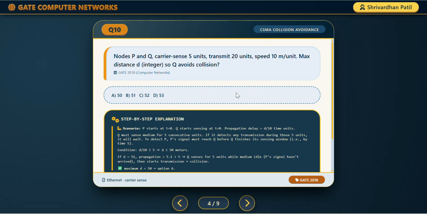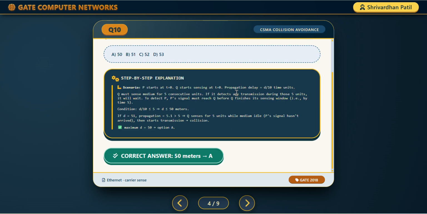This question also came in GATE 2018, which asks what is the maximum distance between two nodes for collision detection. Let me explain it briefly, step by step. The node must detect the collision within the carrier sensing time.